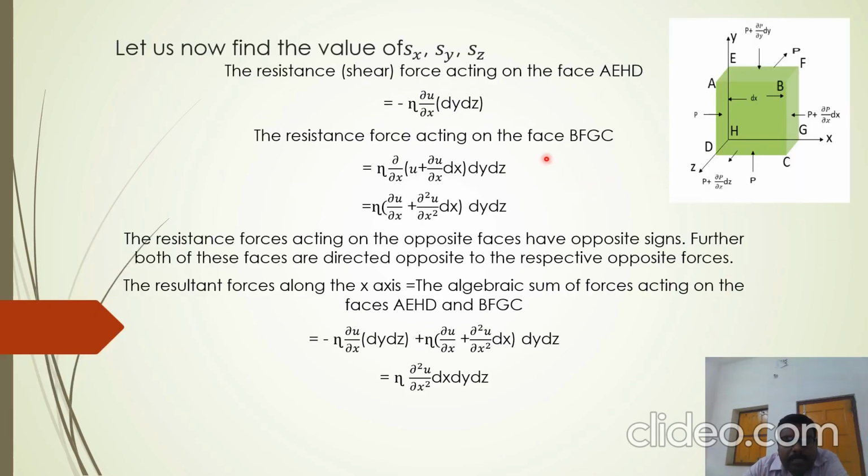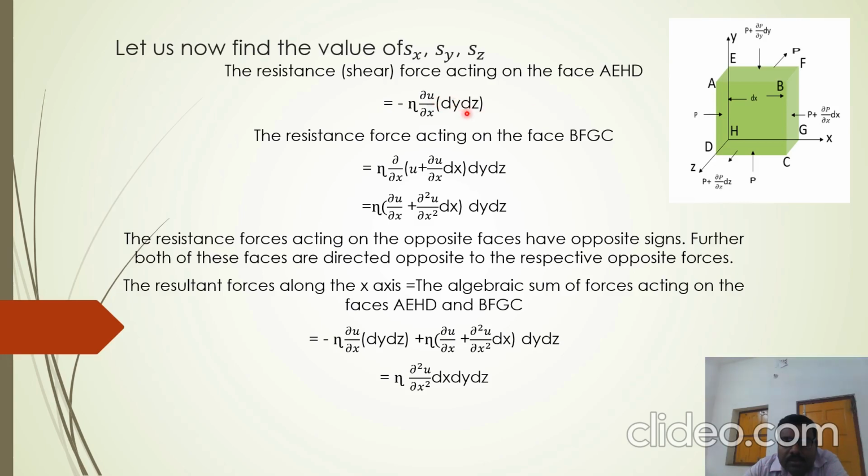Now let us find the value of Sx, Sy, Sz. Now the resistance force acting on the face AEHD is equal to minus eta del u by del x into dy dz.